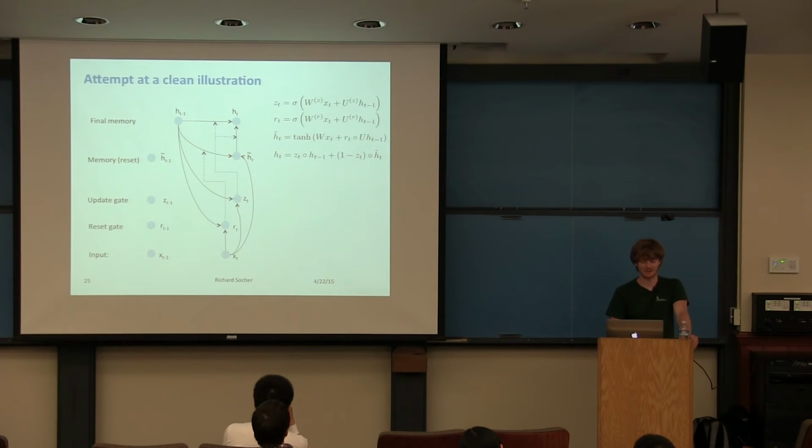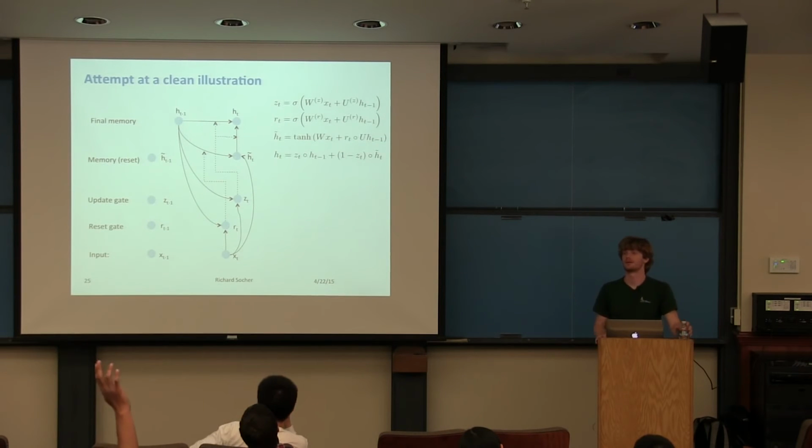And that's what zt allows you to do. Basically here, if zt is all 1, you just copy over your previous time step, and you can ignore the word vector entirely. If you only have zt, then you wouldn't have a way to weight how much these two should interact in order to then compute the next memory.